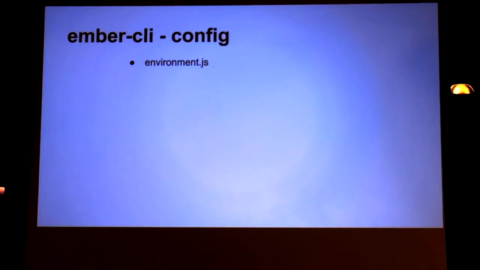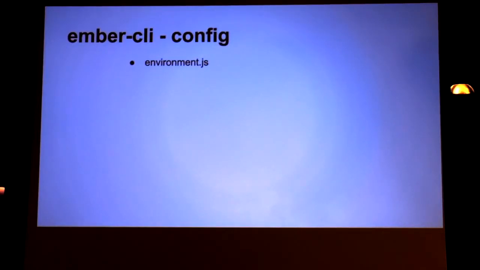The config directory will just have one file, environment.js. Ember CLI applications have two environments, a development environment and a production environment. And when you test your application, it's being run in the development environment. I'm hoping that will change in the future because I definitely have test-specific concerns that I don't think should be compiled into my development environment.